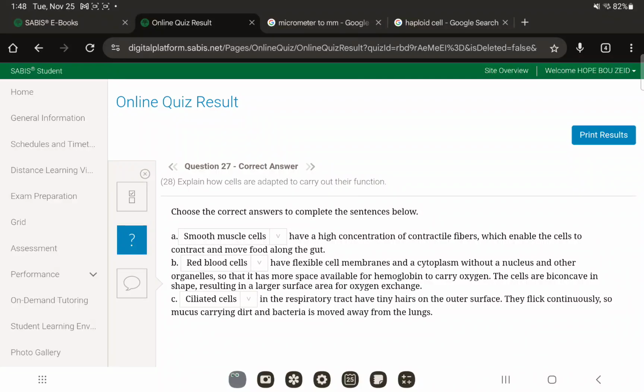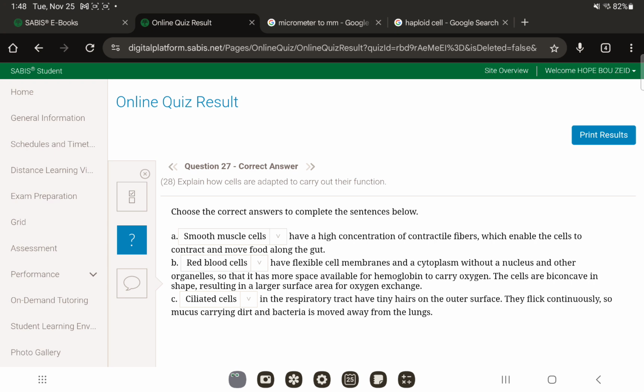So, yeah. Smooth muscle cells have a concentration of contractile fibers which enables the cell to contract and move along the guts. There are 3 different types of muscle cells.